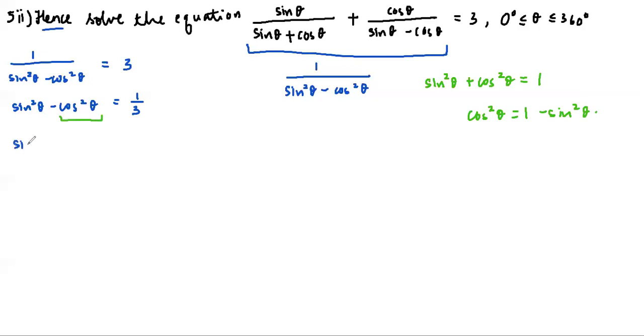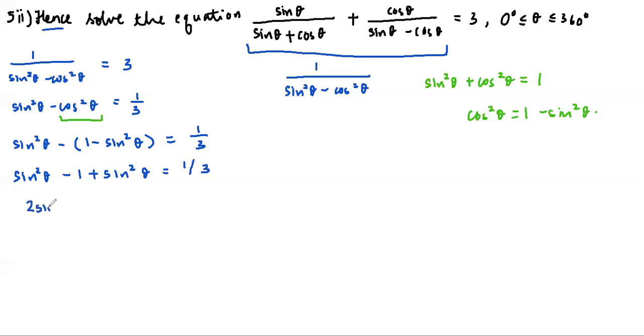In that case, you have sine square theta minus, and remember you need a bracket here because of the negative sign. Otherwise, the answer is just going to end up wrong. And that is 1/3. So distribute that. You have sine square theta minus 1 plus sine square theta equals 1/3.